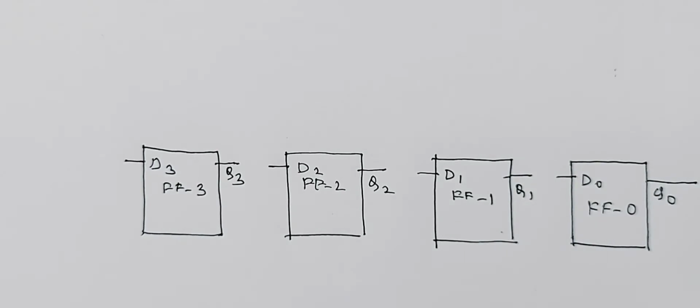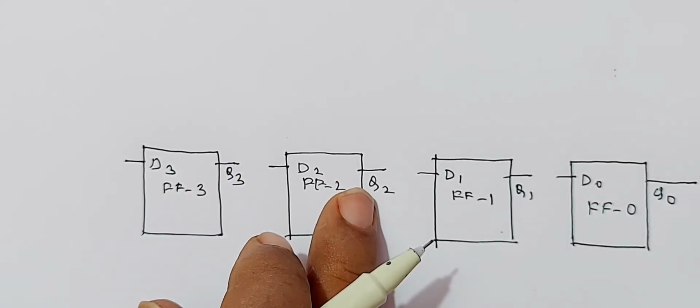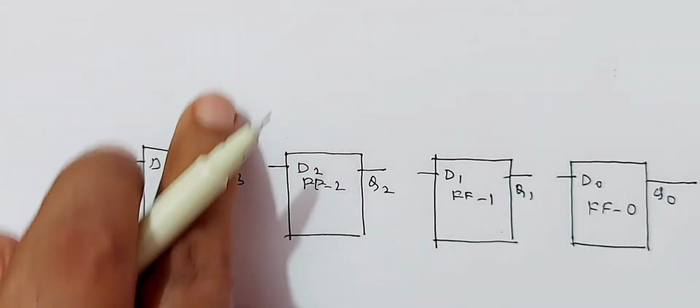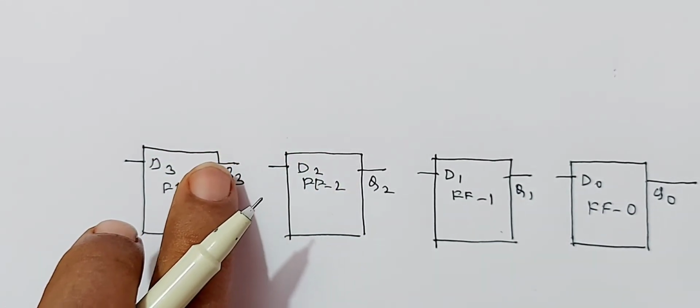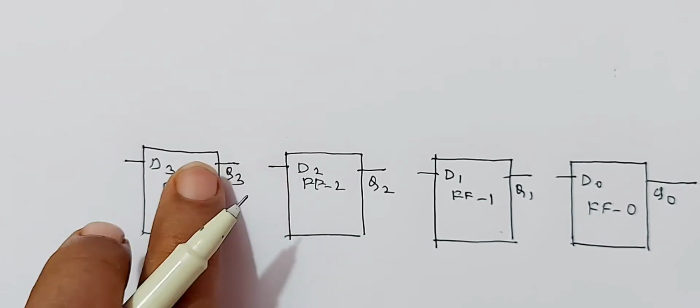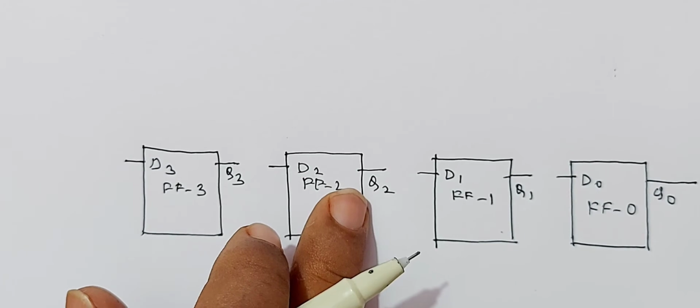Now you are applying input simultaneously, but output should be taken bit by bit. Therefore, you have to use another sequential logic circuit between the two flip-flops. So in order to apply input simultaneously and to take the output serially, between the two flip-flops you need some sequential logic circuit.